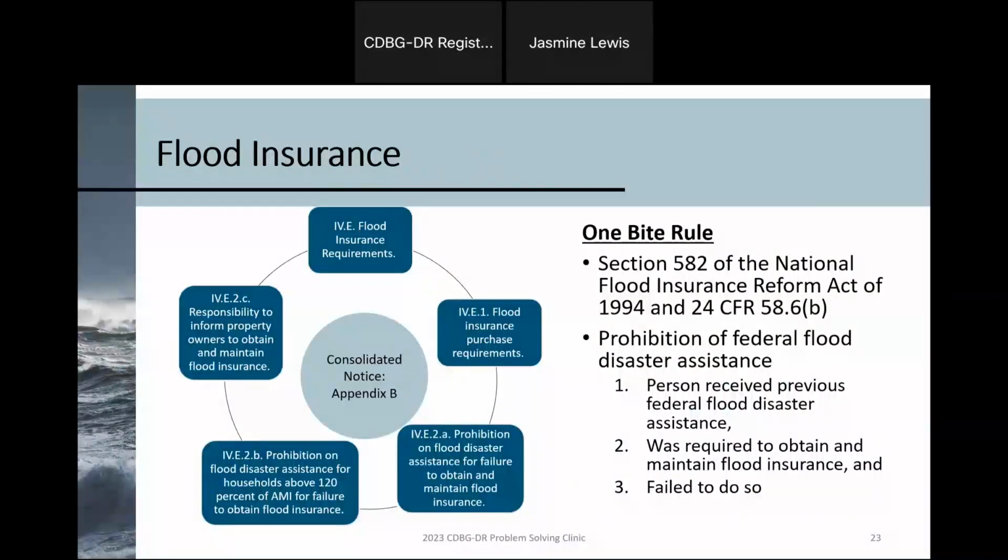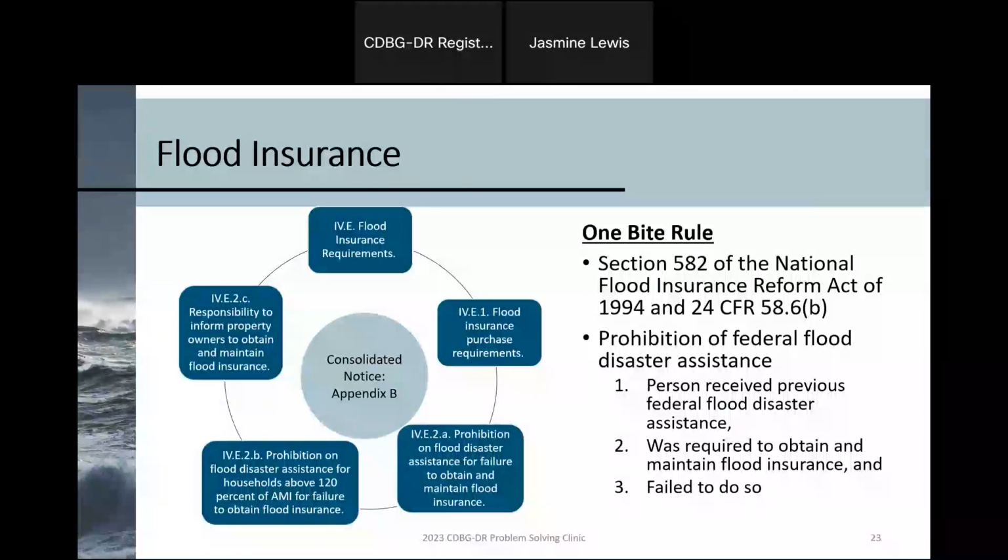Okay, returning back to flood insurance, in the consolidated notice Appendix B, there's a lot of additional information on the specific flood insurance requirements. And we indicated that if you have a project that is receiving HUD assistance in the 100-year floodplain, that particular property is required to obtain and maintain flood insurance.